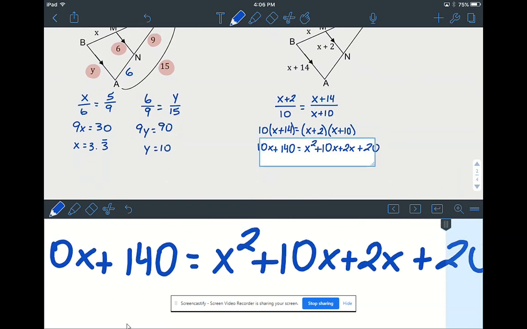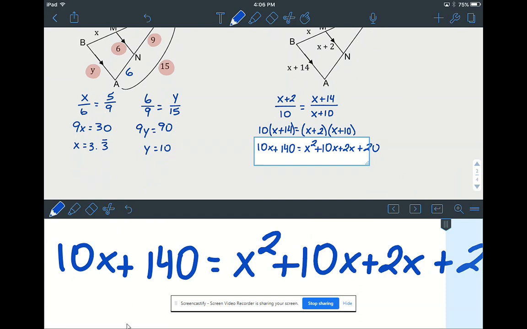So this time, I'm looking at my x squared here. I don't have another x squared to combine it with. If you don't have another x squared to cancel the x squareds out, you're going to have to solve using factoring.